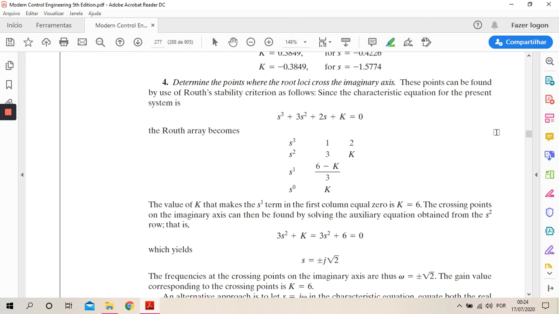Since the characteristic equation for the present system is s cubed plus 3 times s squared plus 2 times s plus k equal to 0. And what is the objective of using Routh's stability criterion? If all values are positive, then we need solutions to have imaginary numbers.